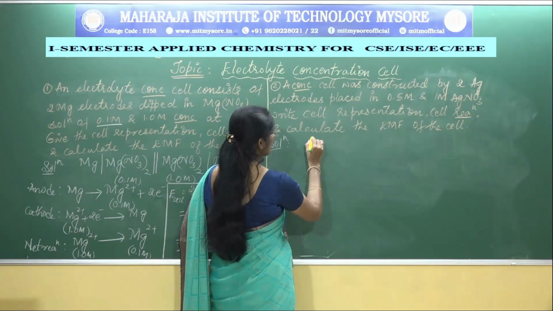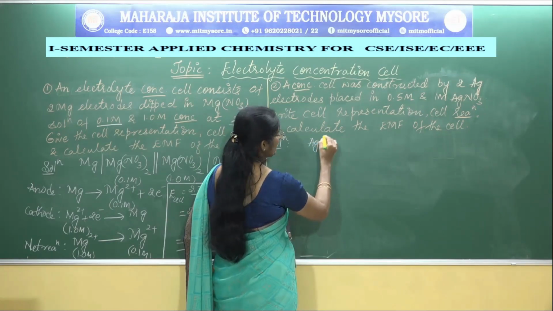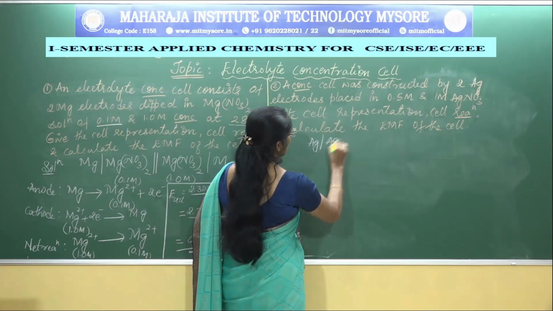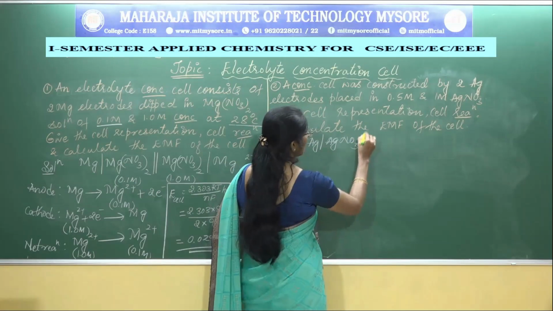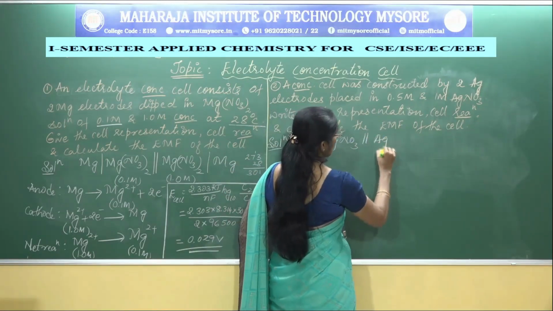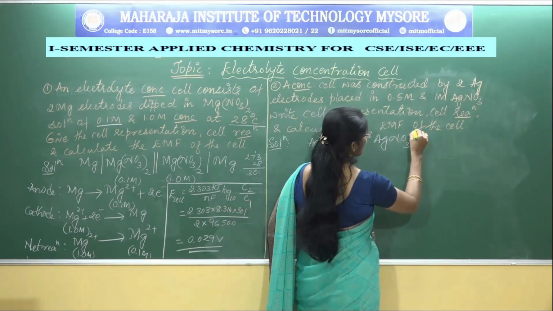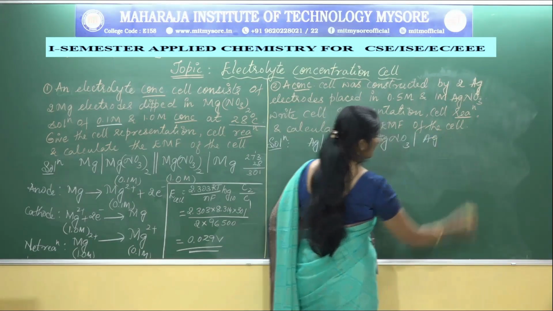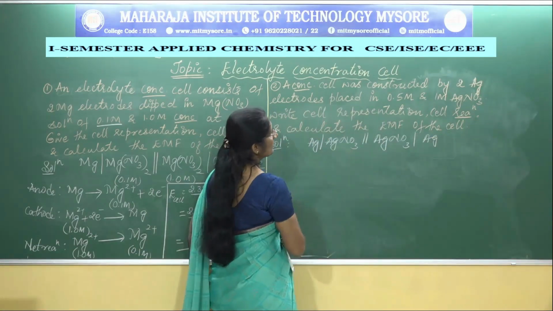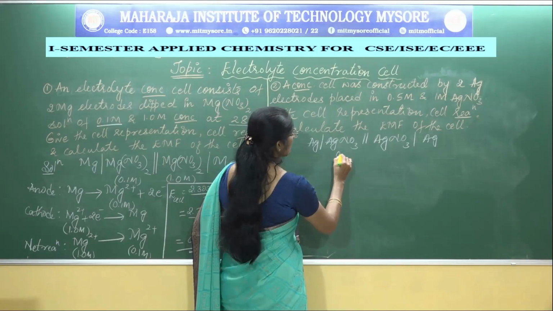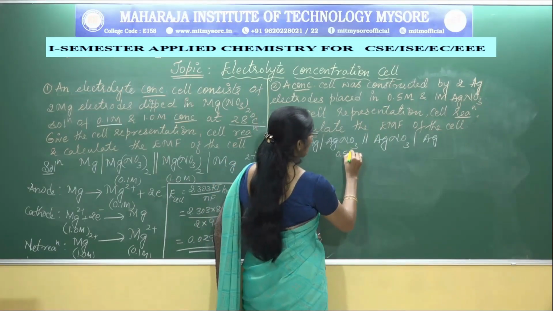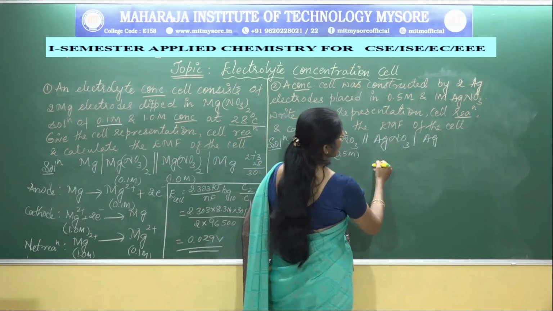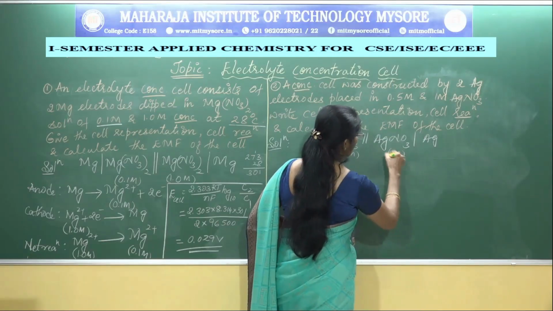So the cell representation is Ag, AgNO3, two vertical lines, AgNO3, single vertical line, Ag. Then we have to mention the concentration: concentration at the anode is 0.5 molar, concentration at the cathode is 1 molar.